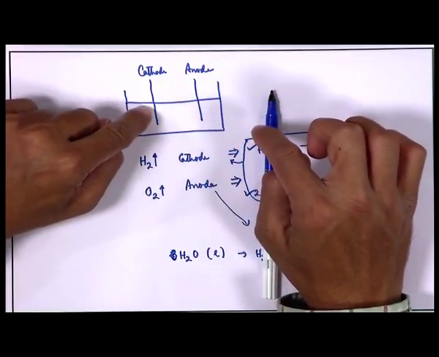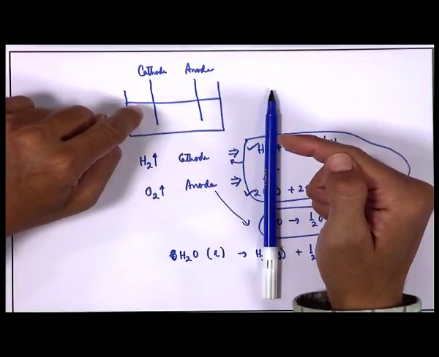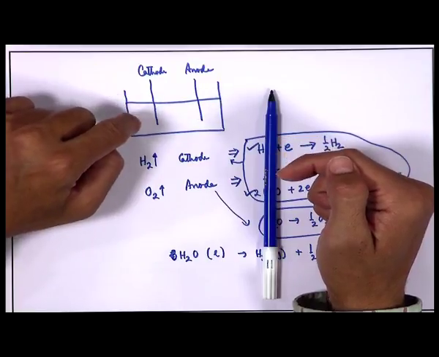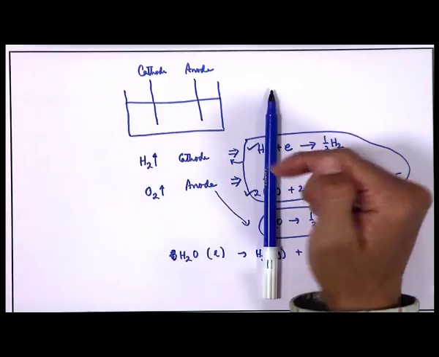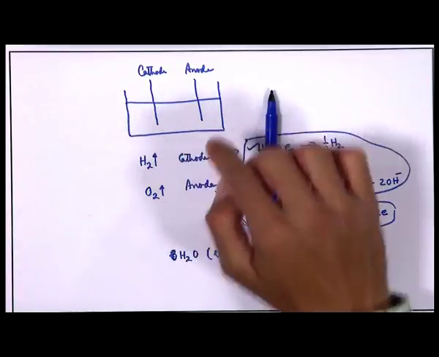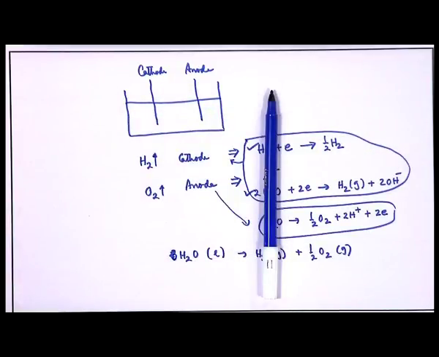Now, if this electrode is platinized, coated with finely divided platinum, then what will happen? It will induce the combination of hydrogen and oxygen to produce water. So, this way the complication in the process will be removed. Basically that is why AC is used over there.